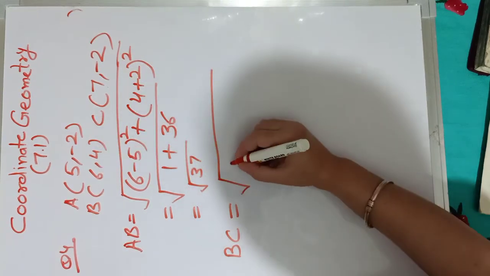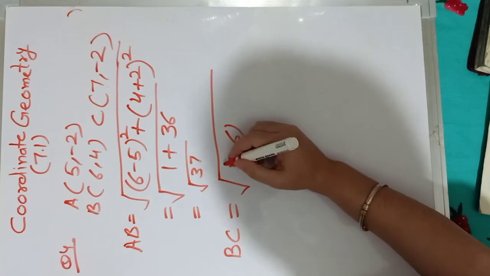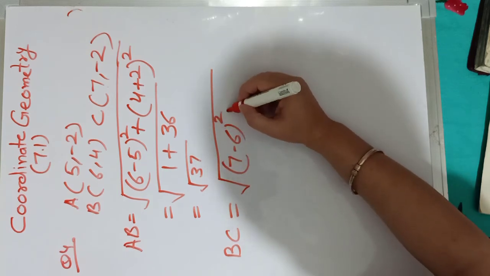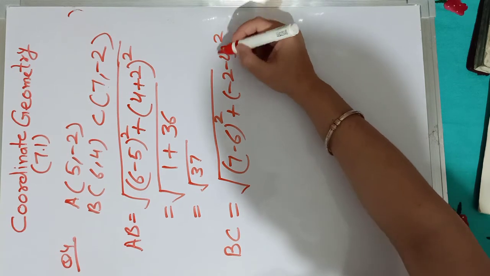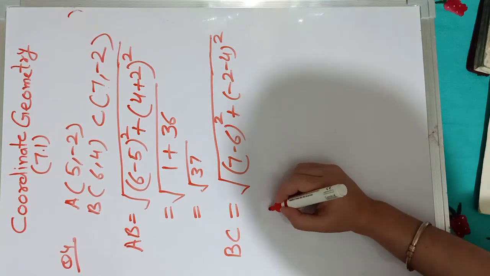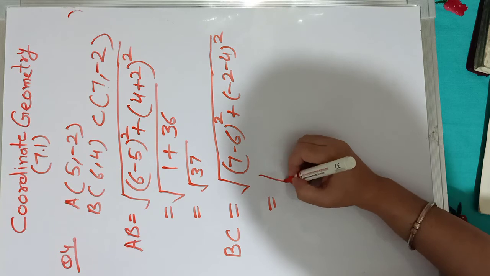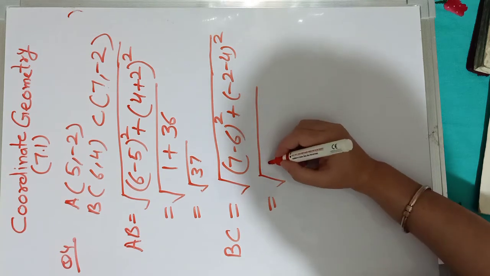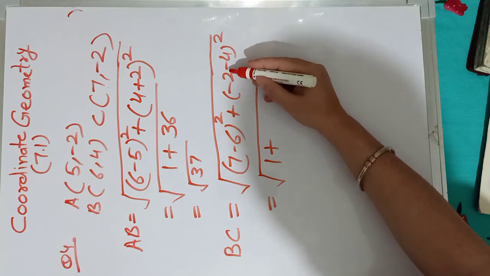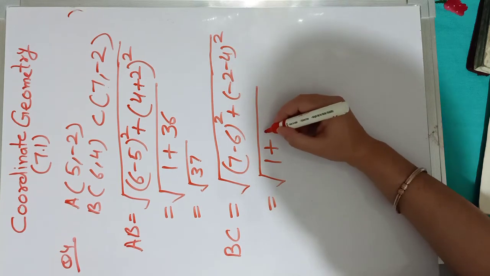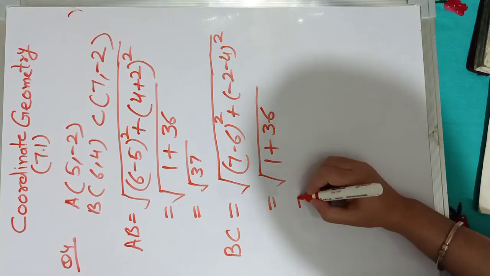Now find the distance BC. x2 minus x1 means 7 minus 6 whole square plus minus 2 minus 4 whole square. 7 minus 6 is 1 and 1 square is 1. Minus 2 minus 4 is minus 6 and minus 6 square will be 36.